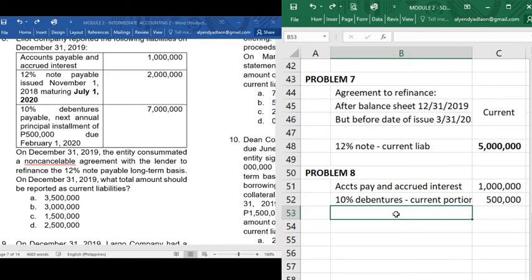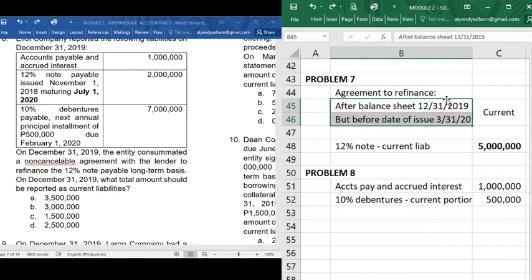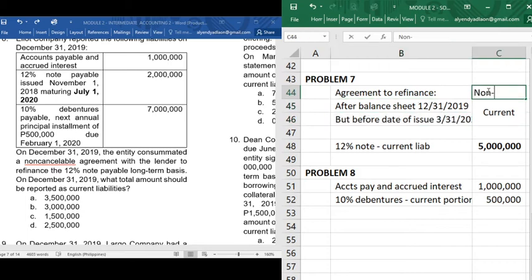So, it will no longer be included in the total current liabilities. Take note, if the refinancing occurs on or before the end of the reporting period, the refinancing is an adjusting event. Because it is an adjusting event, we move it from current to non-current. Earlier, if it happened after the end of the reporting period, that is a non-adjusting event. Okay? Non-adjusting.